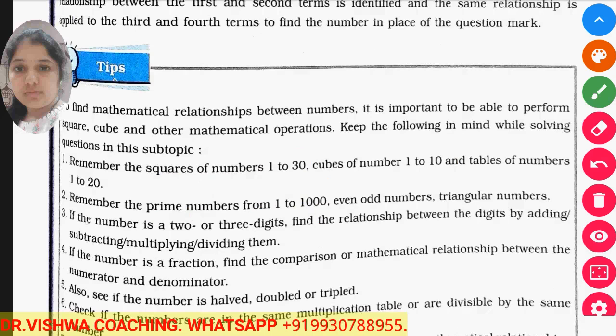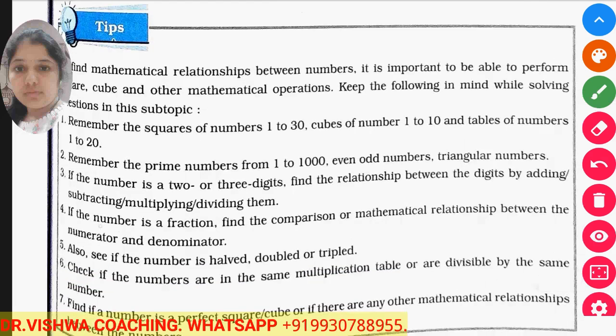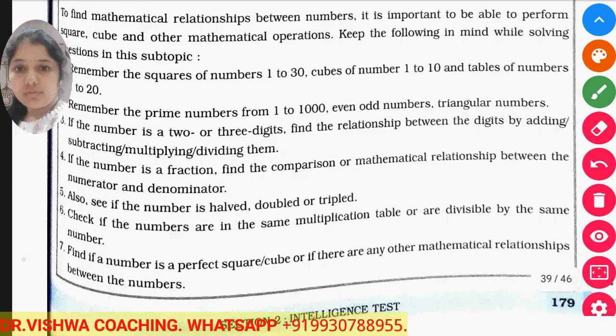And cubes from 1 to 10, and tables from 1 to 20 we must know. Then prime numbers from 1 to 100, 1 to 1000, even odd numbers, triangular numbers. These concepts first of all should be clear to solve the problems.